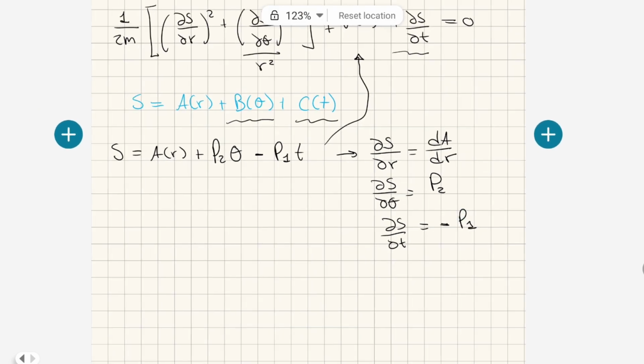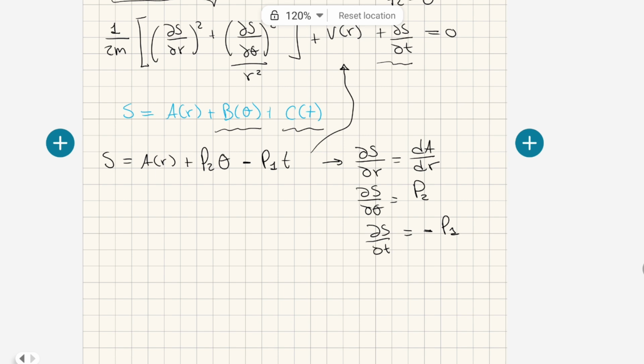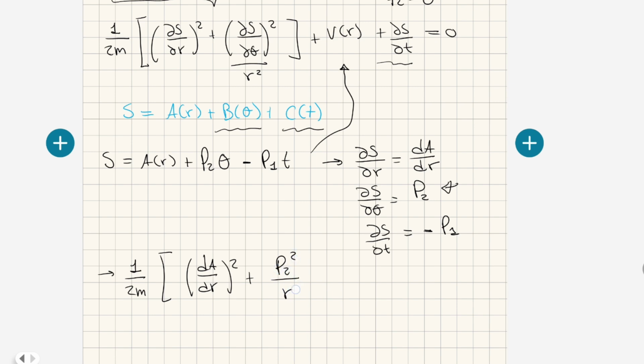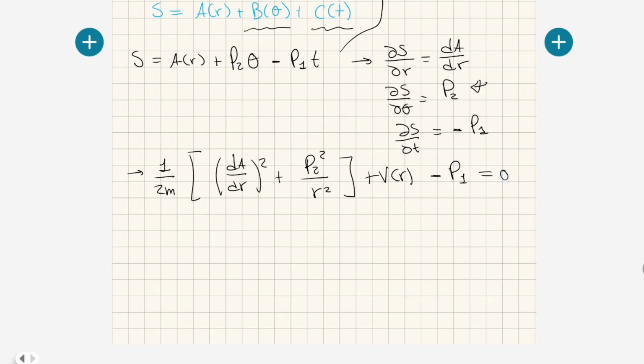Perfect. So let me substitute this into the Hamilton-Jacobi equation to get 1 divided by 2m that multiplies the derivative of a with respect to r squared plus p2 squared divided by r squared, and then plus b of r, and then minus p1 equals 0.